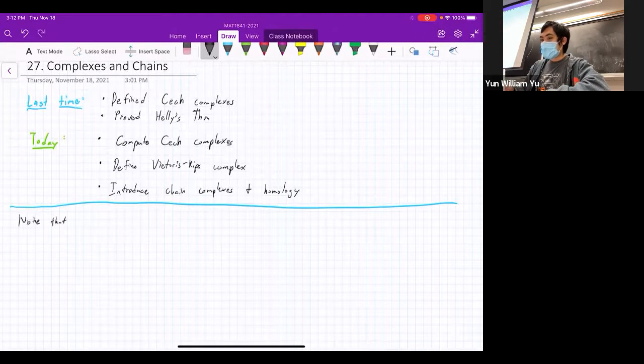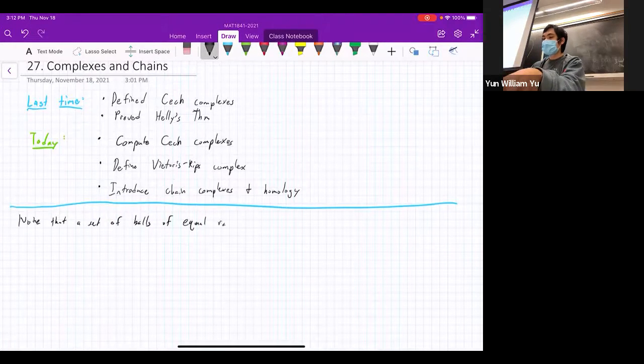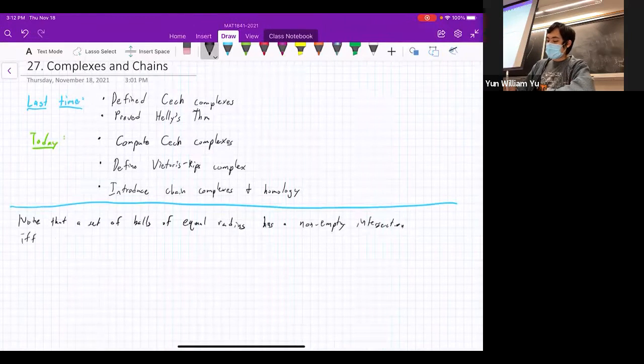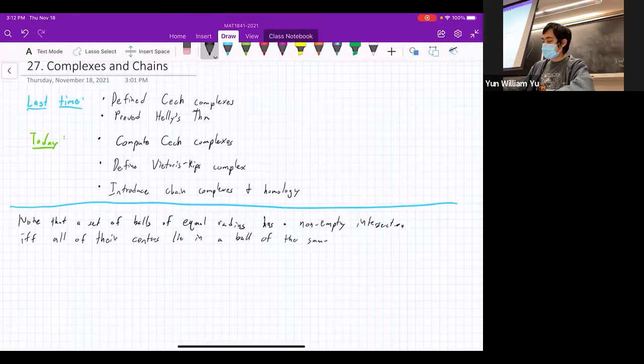that a set of balls of equal radius has a non-empty intersection if and only if all of their centers lie in a ball of the same radius. Right, and that should be pretty obvious.